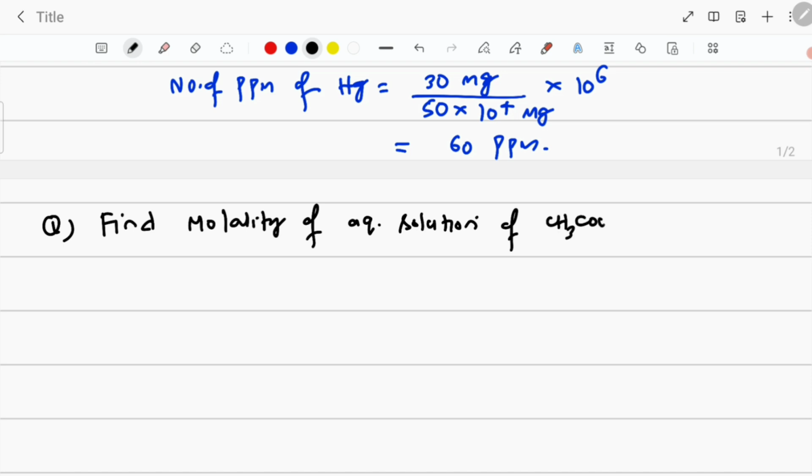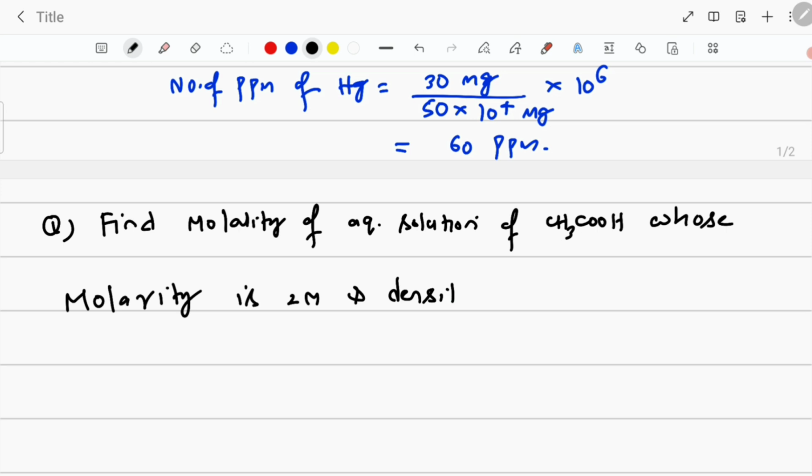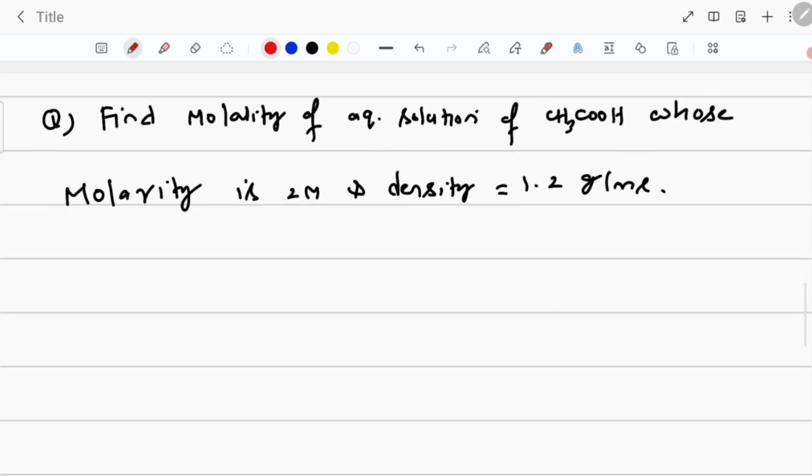Find molality of aqueous solution of CH3COOH whose molarity is 2 molar and density is 1.2 gram per ml.